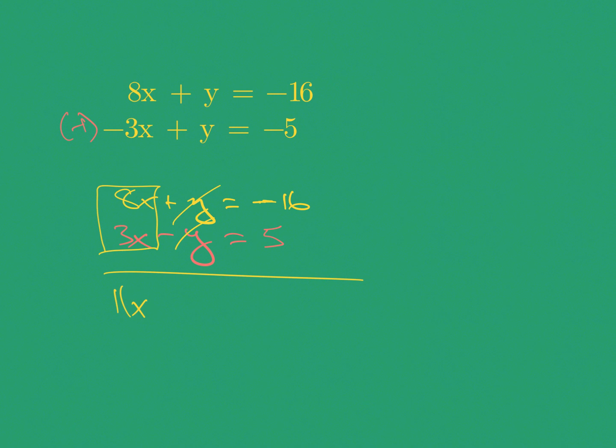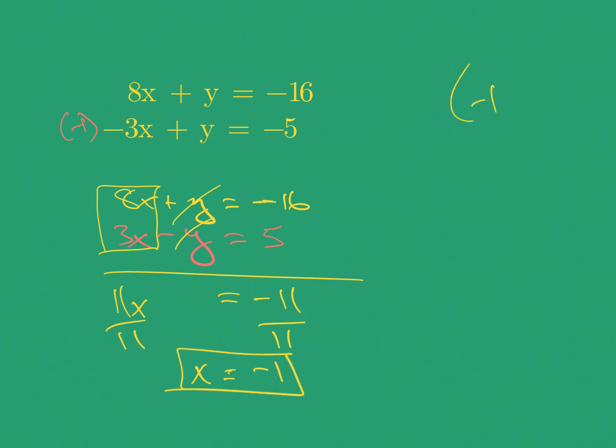We wanted to eliminate the y's here because that was going to be pretty easy. And then what is negative 16 plus 5? Negative 11. Very good. Divide both sides by 11. And negative 11 divided by 11 is negative 1. Very good. There's your x value.